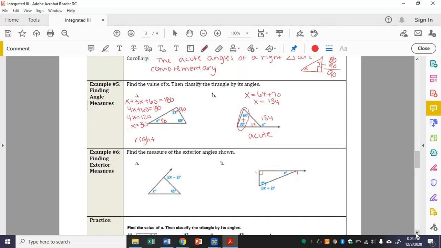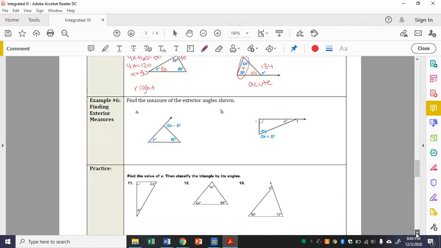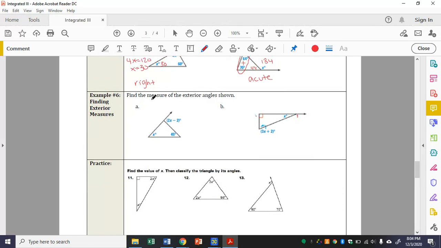Scrolling down, we want to do a little bit more here on our examples. Again, we have this exterior angle theorem. This is my exterior angle, which means it's going to be equal to the sum of these two angles. So we would say x plus 45 is equal to our exterior angle, 2x minus 2. Then we can go ahead and solve. We subtract the x, we get 45 equals x minus 2.